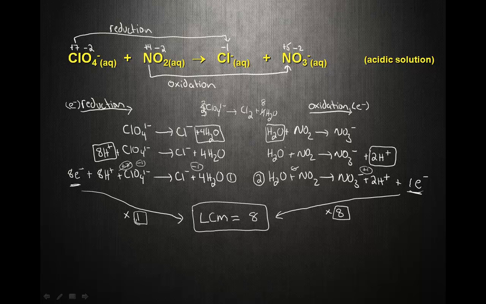So I'm just going to go to the next page so it's not squished. So we're going to go 8 times equation number 1. So that gives us 8H2O. Nope, that's not right. Let's see here.